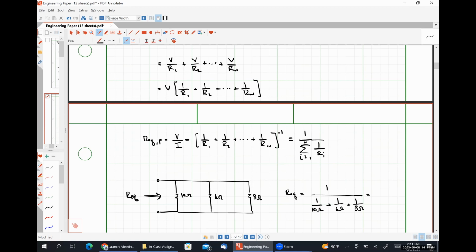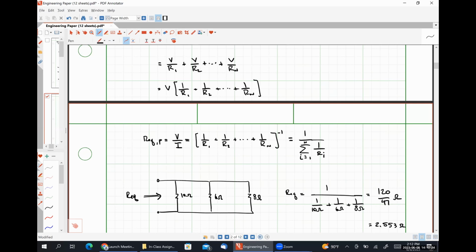And I can't quite do this in my head, so I'm going to grab one of my calculators real quick. And I get 120 over 47 ohms. For those of you that like decimals, this comes out to be 2.553 and some change ohms.